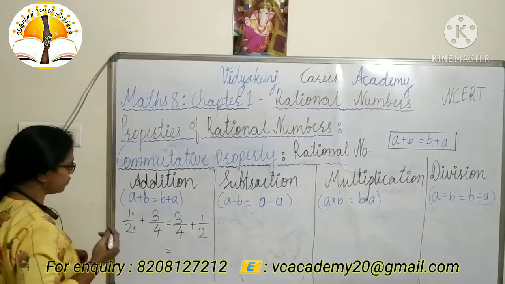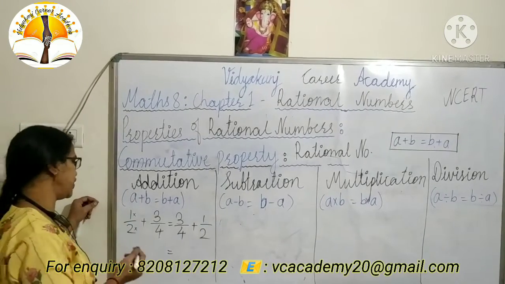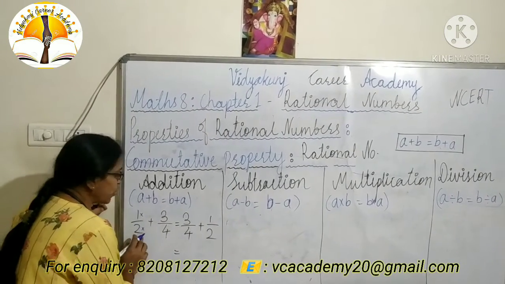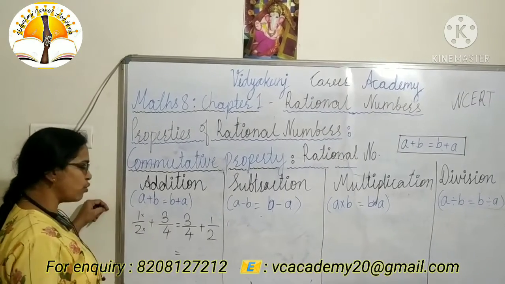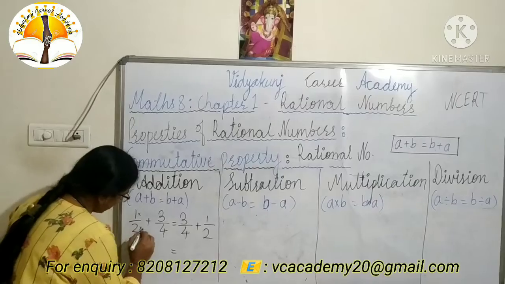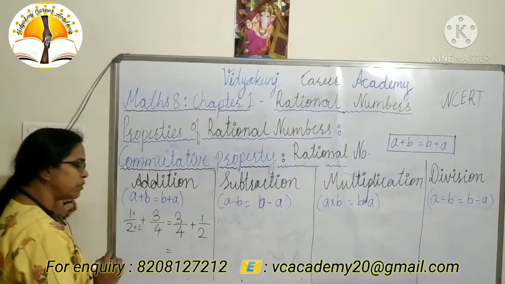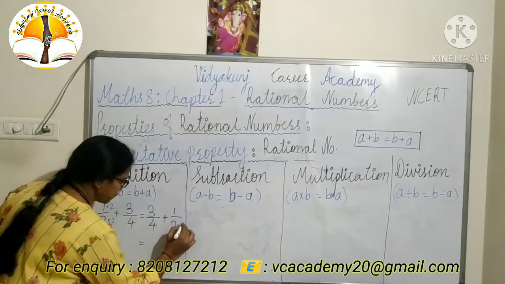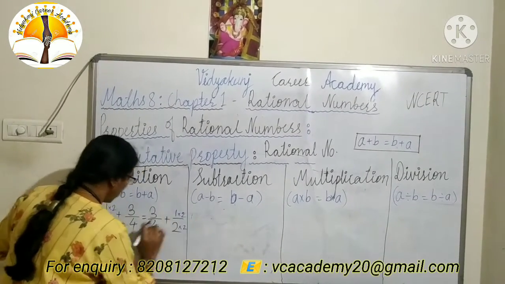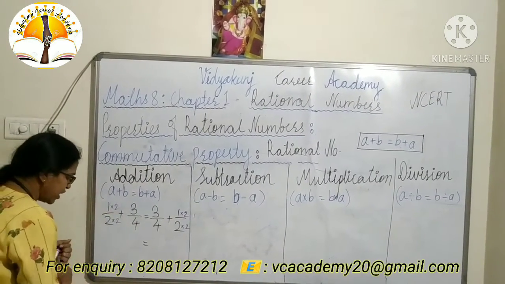What we should do here? Here we want 4. For 2 and 4 LCM is 4. Then what we want to do here? We have to multiply by 2, because we want denominator same. Okay.